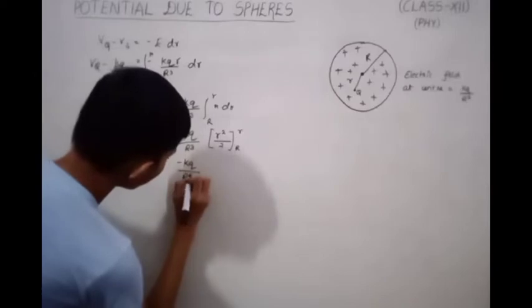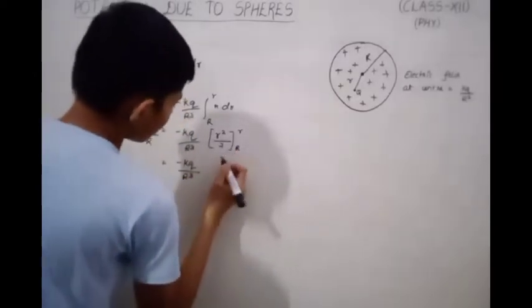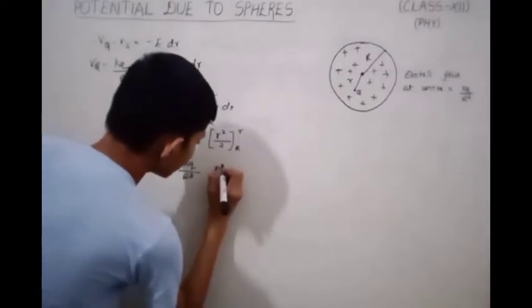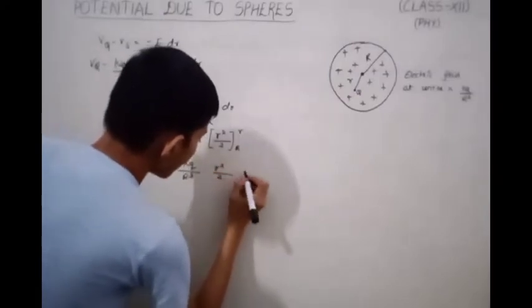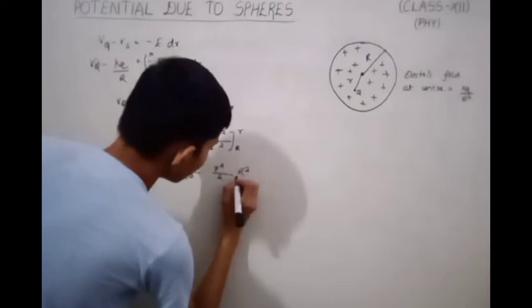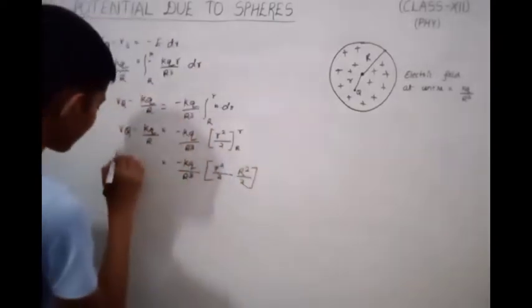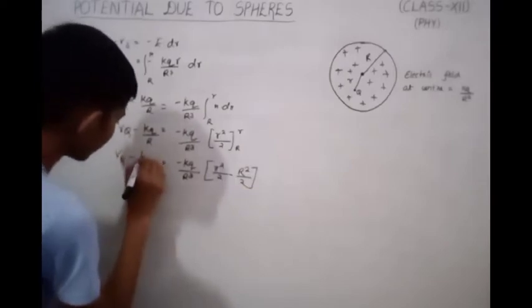Firstly we put the upper limit and then the lower limit, then this becomes r square divided by 2 minus capital R square divided by 2.